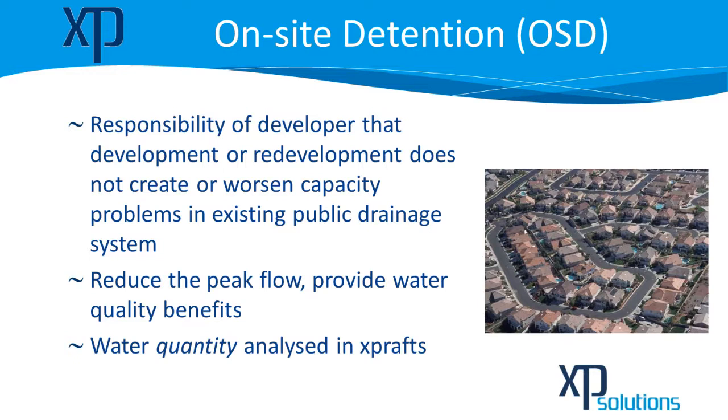When putting an urban area essentially in place or increasing the paved surfaces, this can be quite challenging, especially where there's a lack of space. So using on-site detention to reduce the peak flow and provide water quality benefits can be quite a good way to get the drainage included. Should note that the water quality isn't analysed in XPTABLES. This only focuses on water quantity.